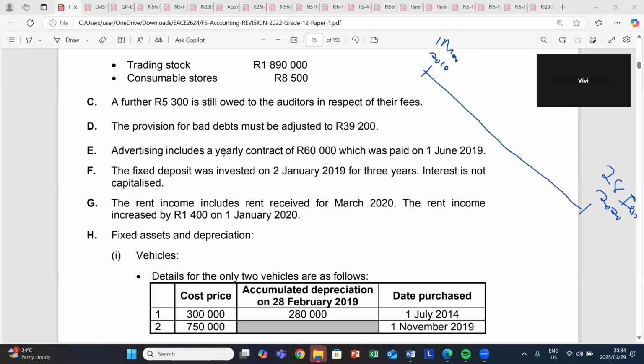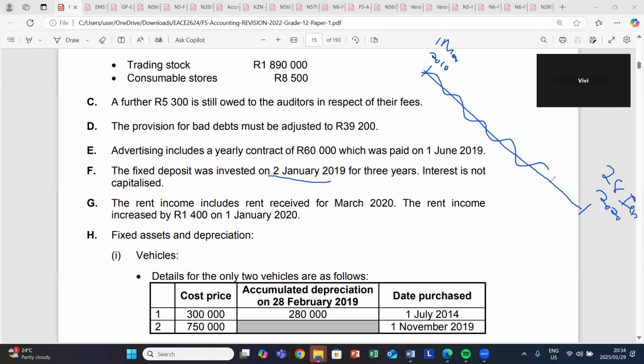Let's read our transaction. The fixed deposit was invested on the 2nd of January 2019 for 3 years, meaning we invested it in a previous year. The 2nd of January does not fall within our financial year because our financial year began in March.